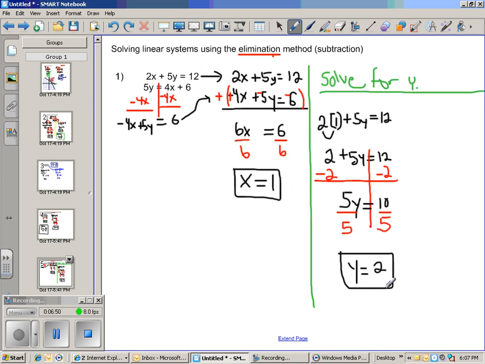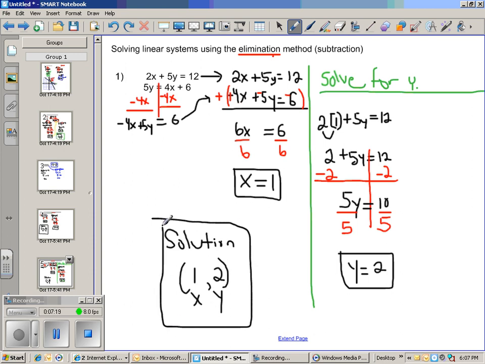Well, we found x, we found y. The last part is to write your solution. The solution to any linear system is always an ordered pair. X always comes first. Well, we have x as 1, and then y as a positive 2.